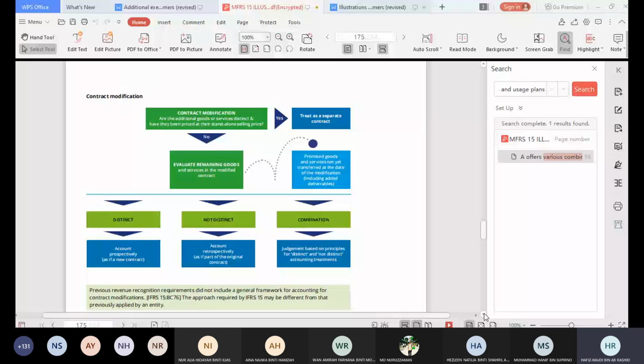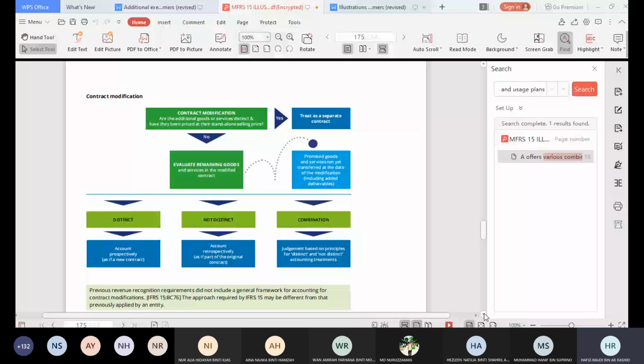Okay. So the key issue here is whether there is any additional goods or services which need to be added into the original contract. If there is no additional goods or services, of course, the treatment is the one which is below.